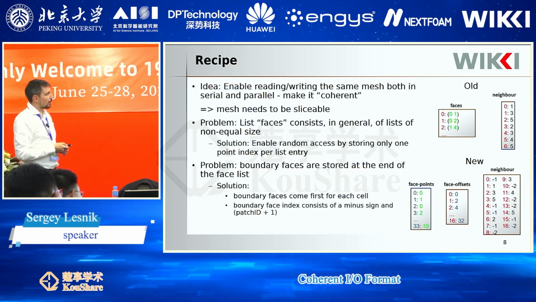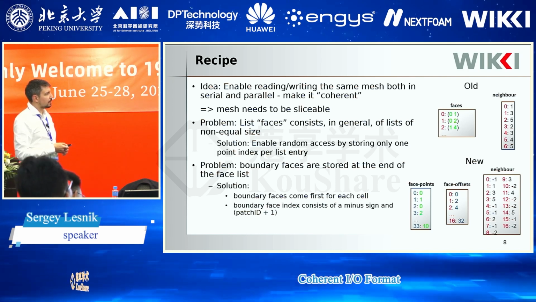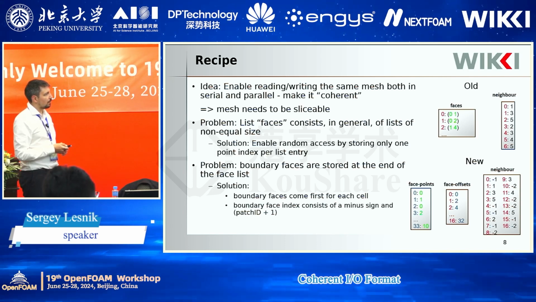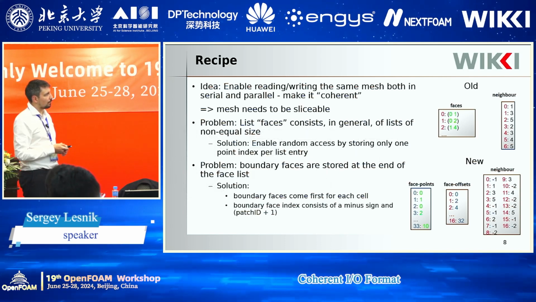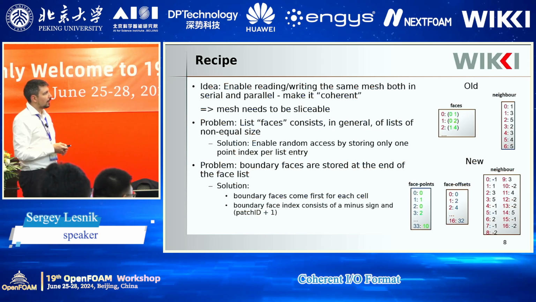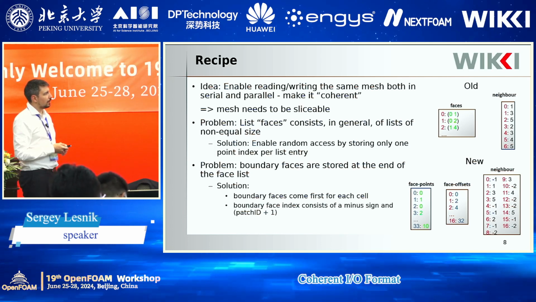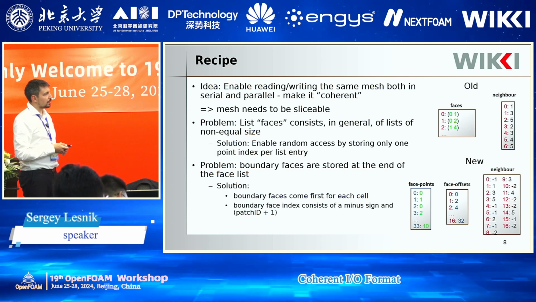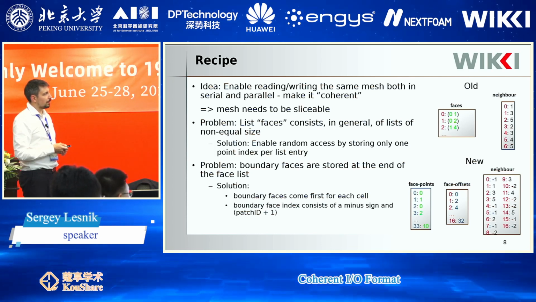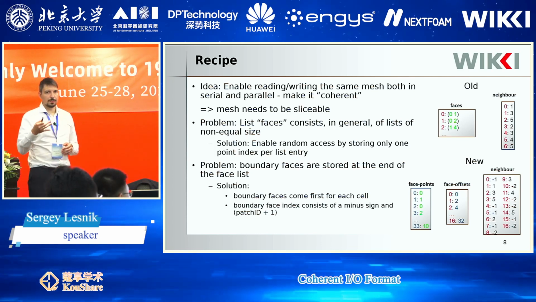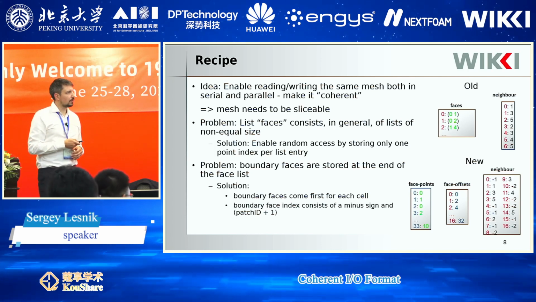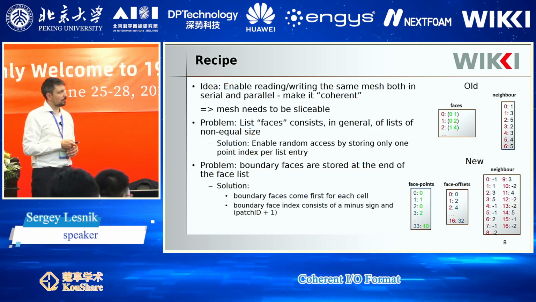The first problem we had is the faces list, right? Here we have it for the example of 2D now. It is a list of lists. In this example, it's of the same size, but imagine you have some tets and hexahedra and other polyhedra. These lists will be of different size.